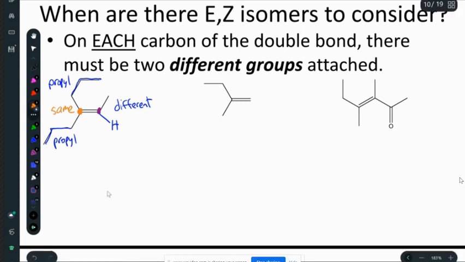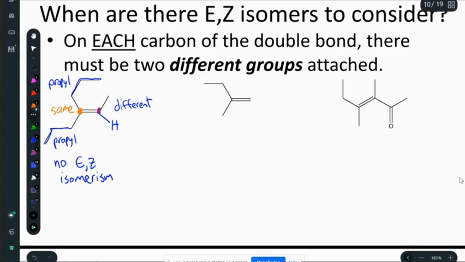In the case where the two groups on either of the carbons are the same, there's not going to be any easy isomerism to consider. So this first one, I wouldn't need to say E or Z, because if I switch those two propyl groups, I still have the same molecule.